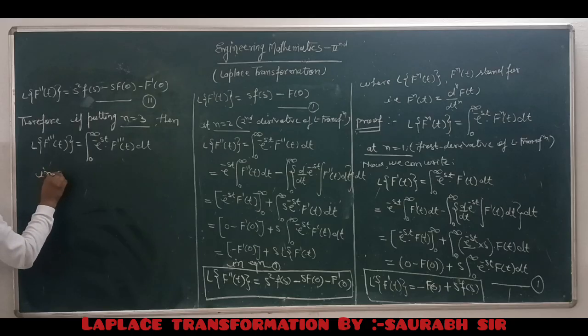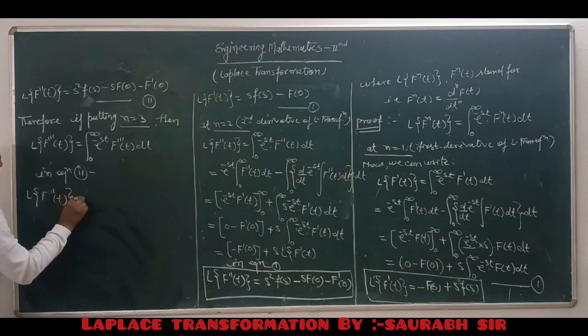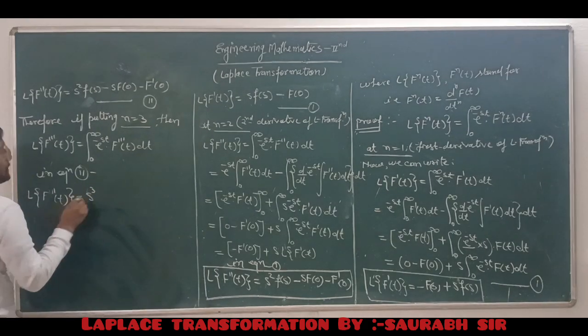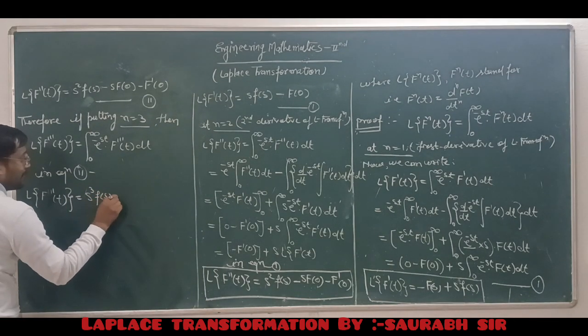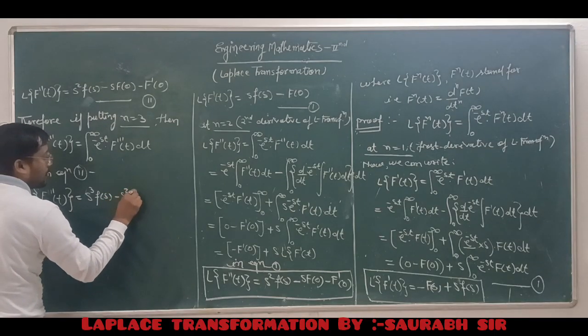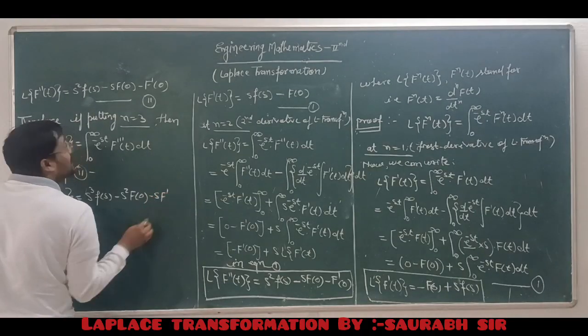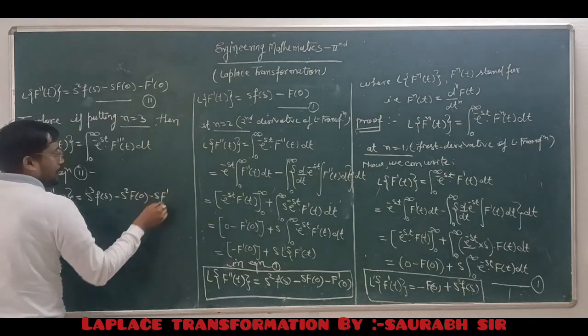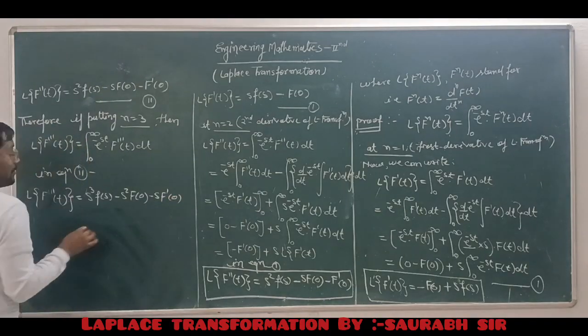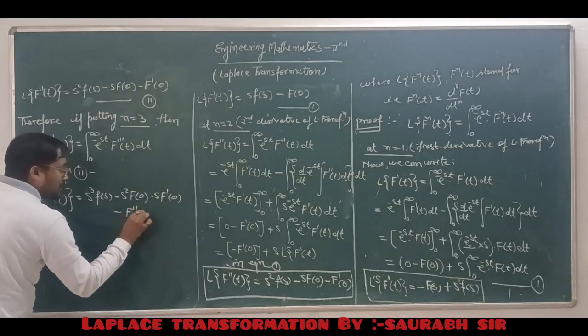In equation second, L{f'''(t)} is equal to, putting the value of the second, s cube F(s) minus s square f(0) minus s f'(0) minus f''(0).